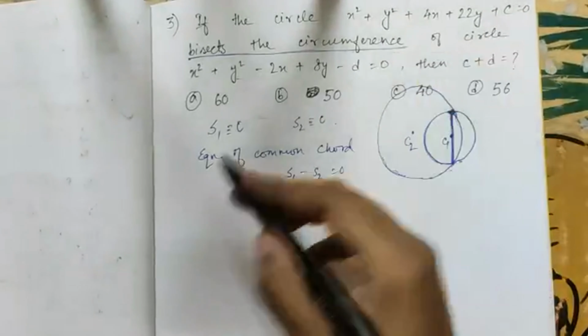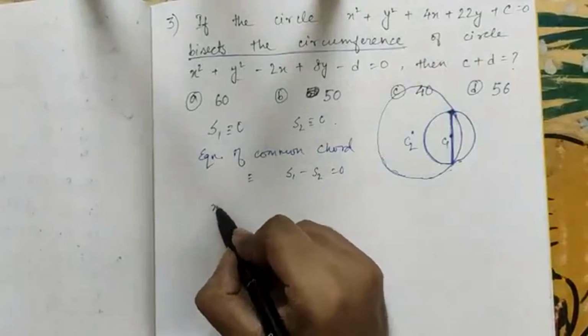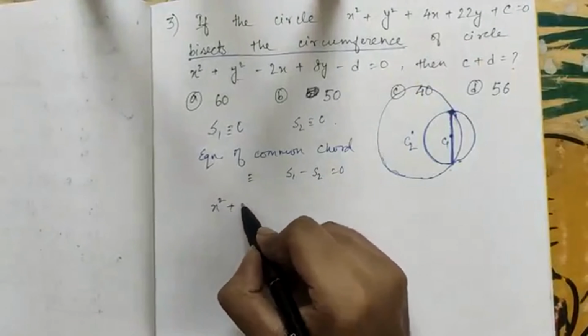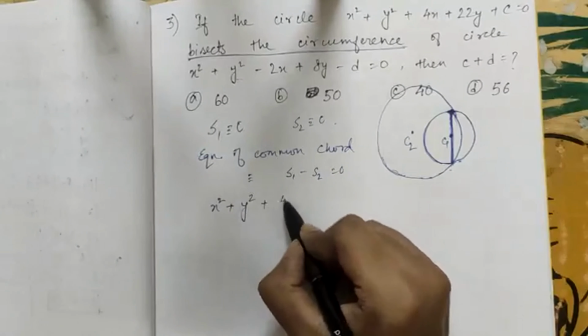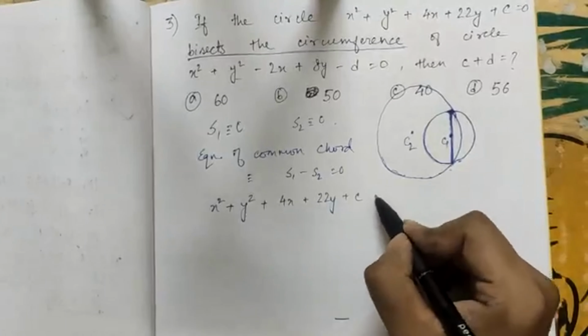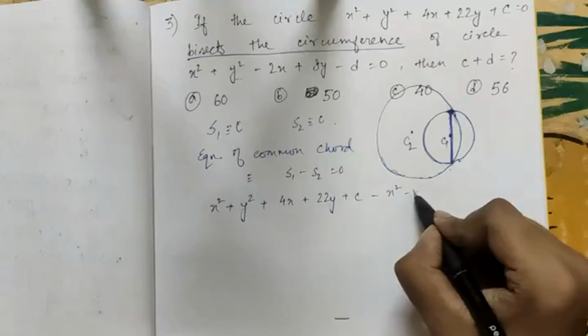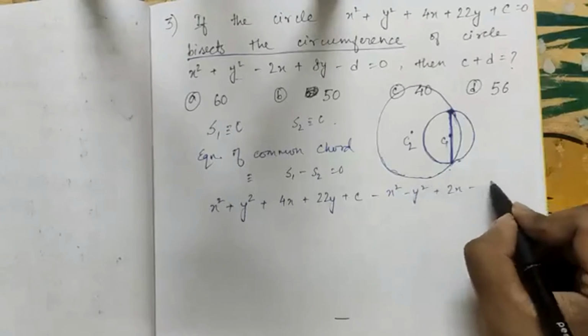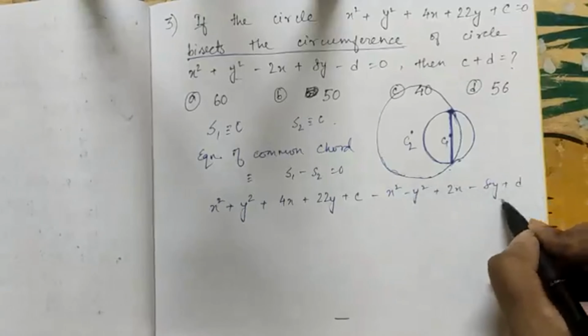Okay, so in this case, how can I find that? Let me get that. x square plus y square plus 4x plus 22y plus c, minus x square minus y square plus 2x minus 8y plus d, equal to 0.